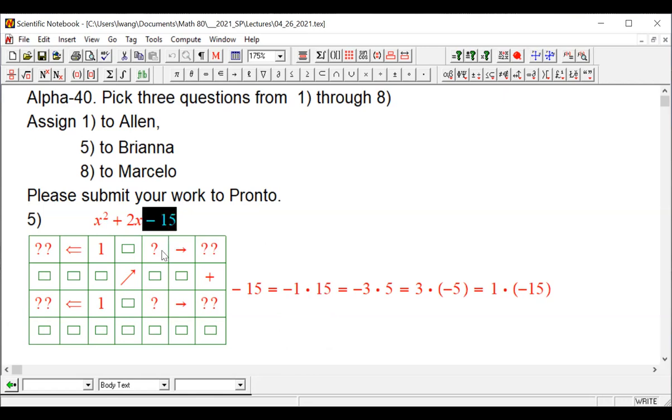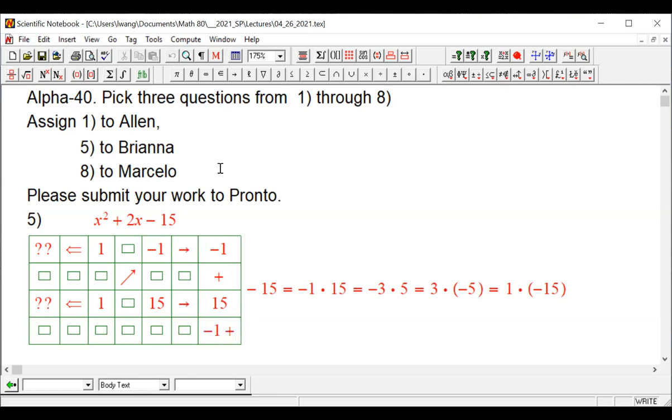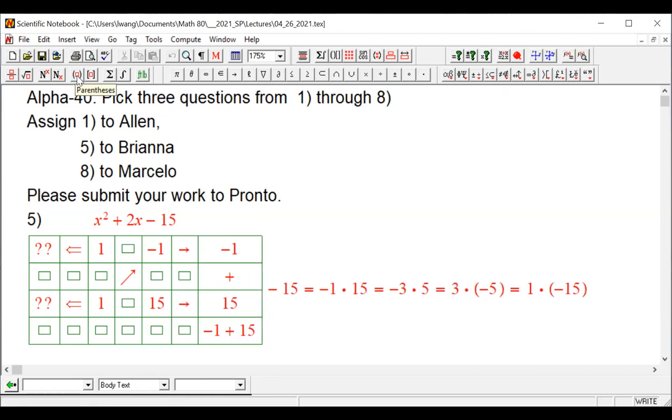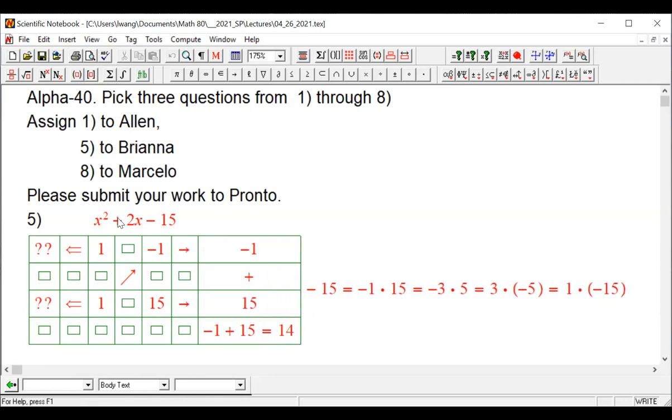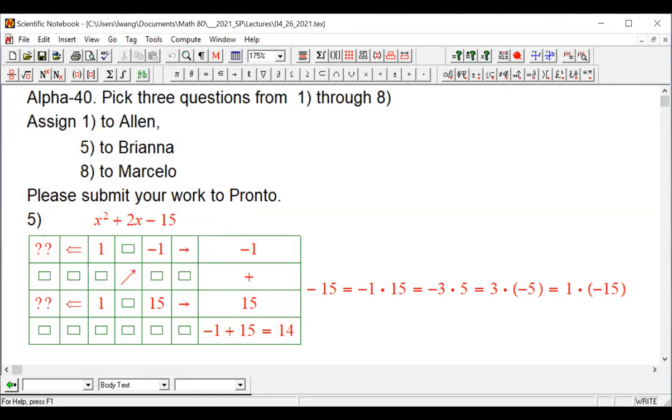So negative 15 is equal to negative 1 times 15. Then 1 times negative 1 equals negative 1, and 1 times 15 gives 15. Adding negative 1 with 15, I get 14. Do I get the match? I don't.